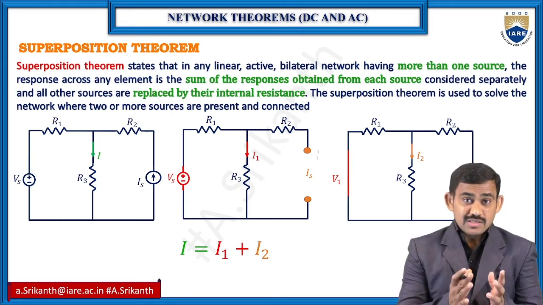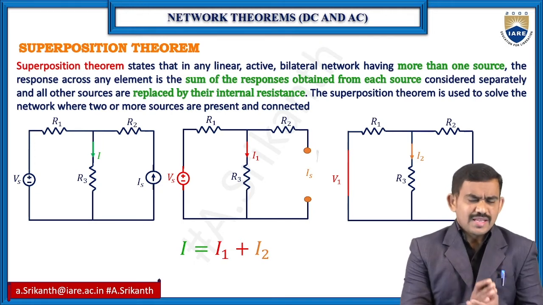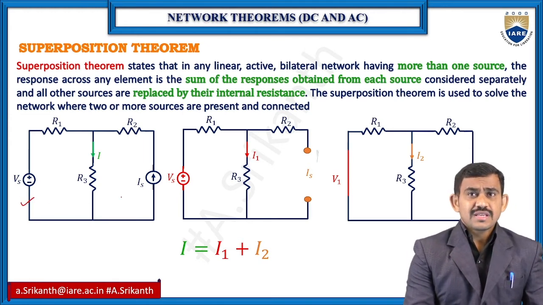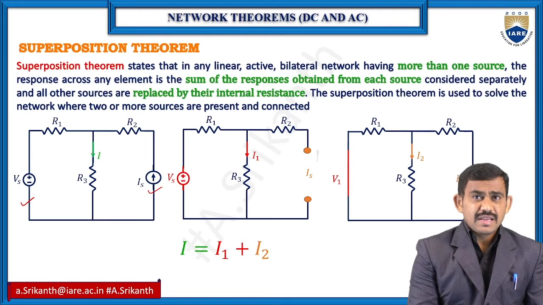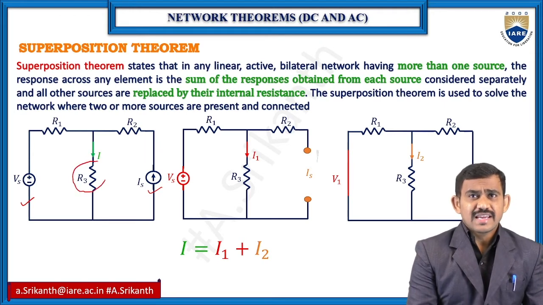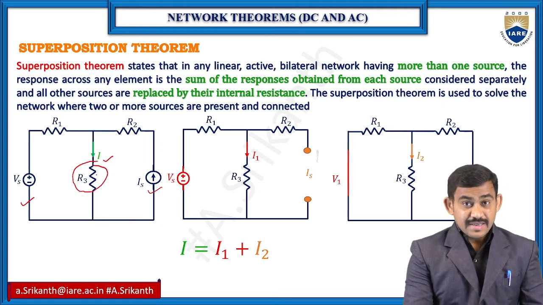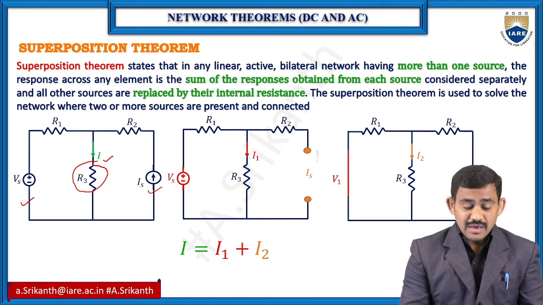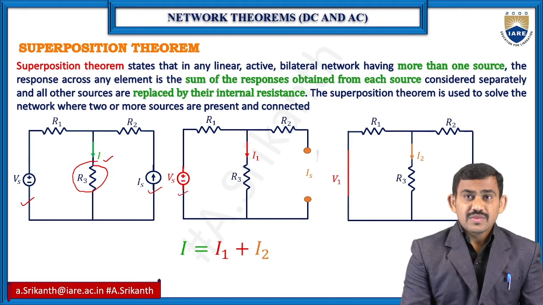Then the response in a particular branch, if you observe the circuit, with a voltage source and a current source, at a particular branch I have some response, that is I. That response is equal to the summation of the individual responses: for this individual source my response is I1, and for this individual source my response is I2.